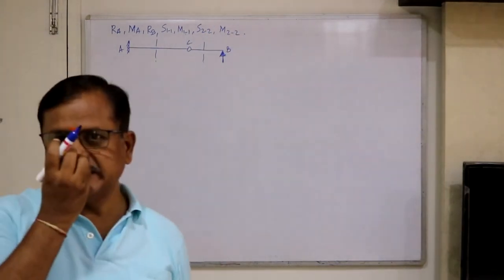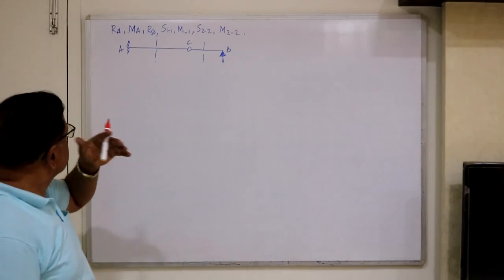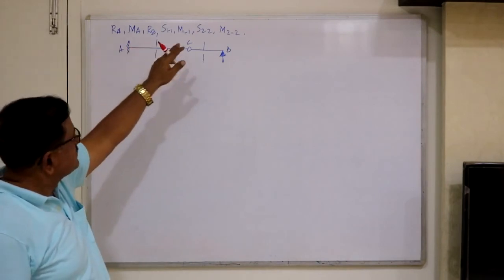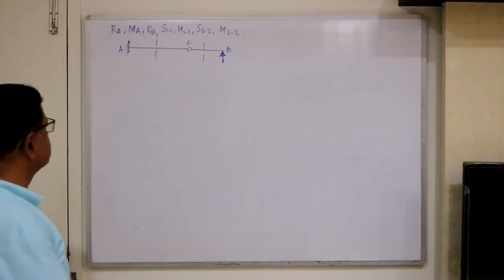Now the influence line diagrams for these 1, 2, 3, 4, 5, 6, 7 ILDs we can construct here.